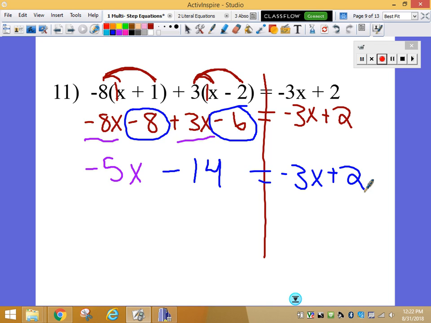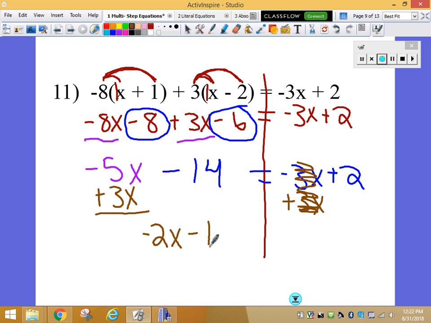Step 2 says, move your x's to the left. So the opposite of a negative is a positive. And again, I line my x with my x. So 3x's go away. Negative 5 plus 3 is negative 2x. I'm going to bring down minus 14.